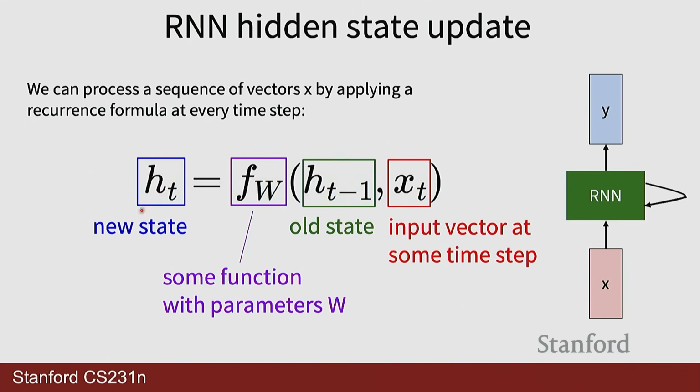So we have our new hidden state as a function of the old hidden state and the input vector at some time step, and we have a function, normally with an activation function, along with some parameters W. You can think of this as very similar to the initial neural network layers we were learning, where it's a weight matrix multiply, and then you follow it up by an activation function. This is the same thing here. The only change is that it's now a recurrence formula. So we're using the same set of W's and the same activation function each time we're computing the hidden state.